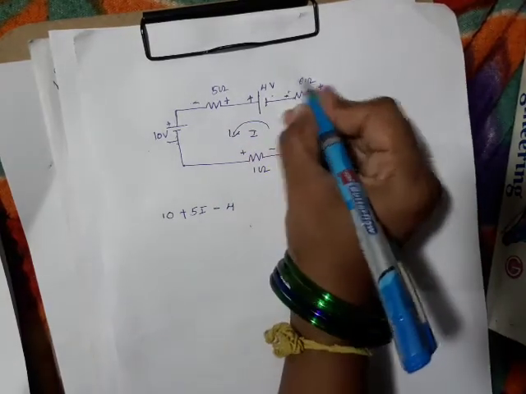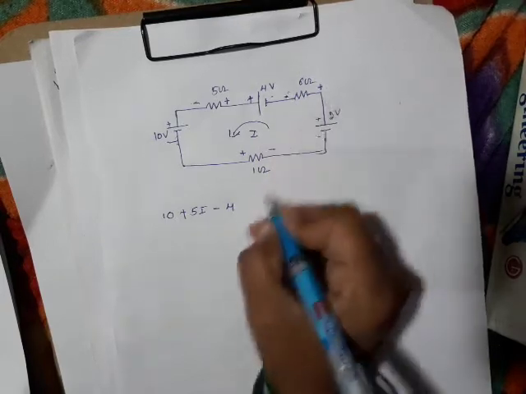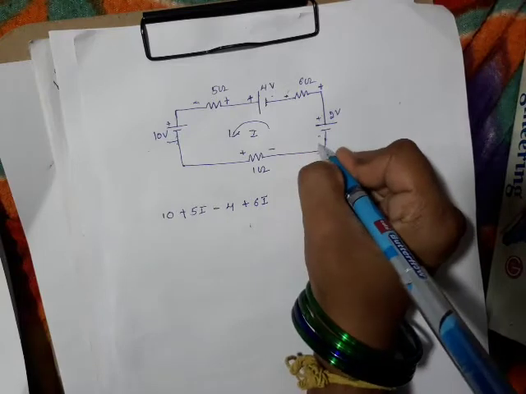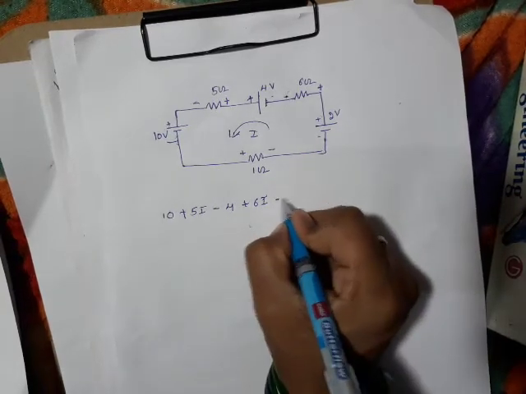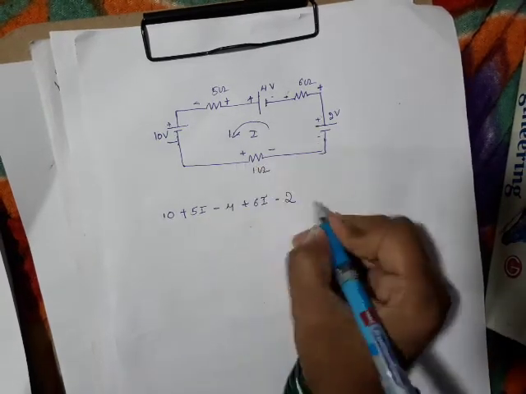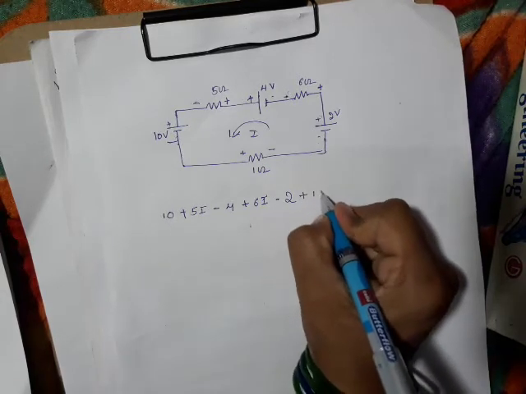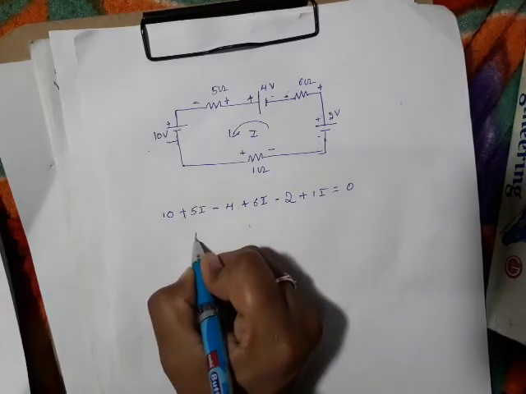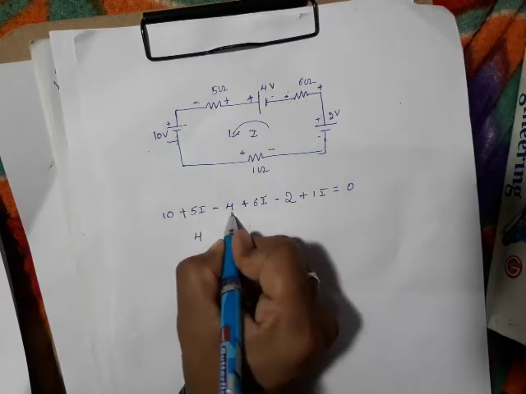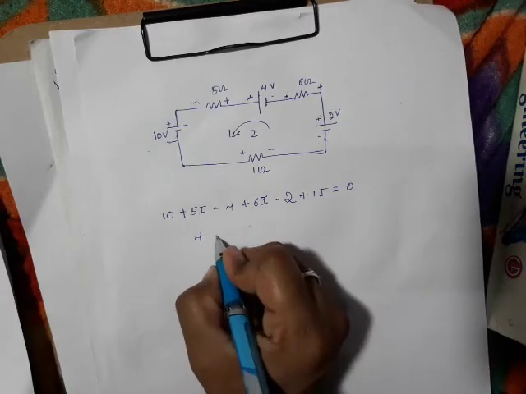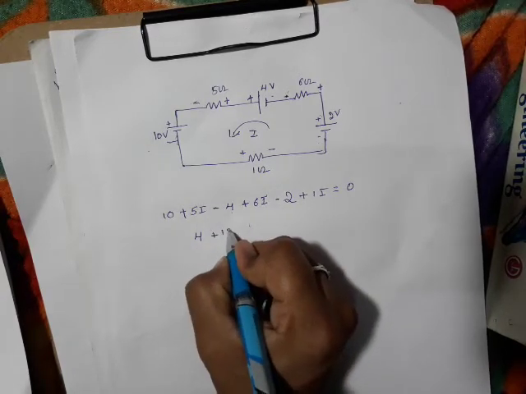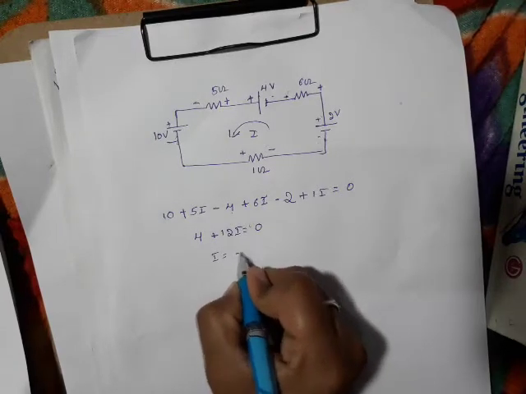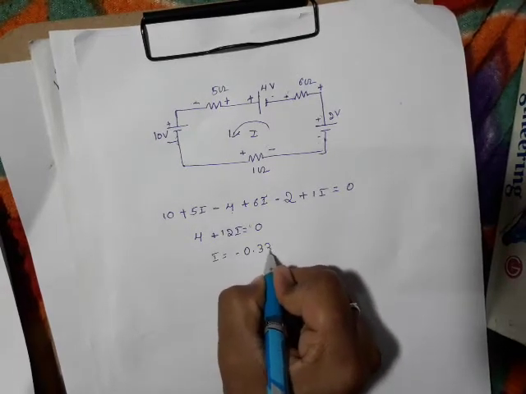Again here stepping up, we are rising in voltage, so plus 6 I. Here minus to plus, falling down, minus 2, rising up, plus 1 into I is equal to 0. Again here we get 10 minus 4 minus 2, 4 volts, plus 12 I is equal to 0. If you do this, you will get the same magnitude but with a negative sign.